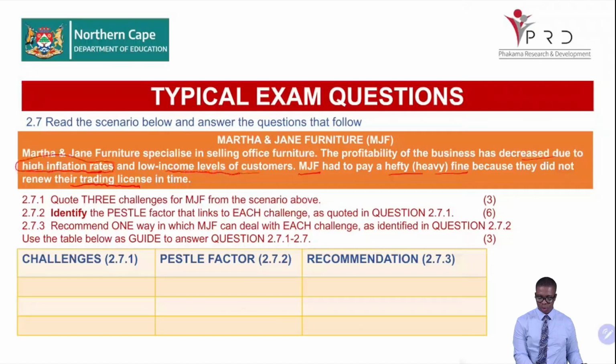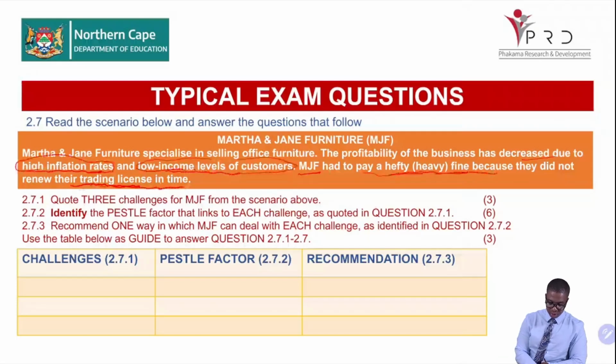Another one was due to low income levels of customers. Then another challenge was they had to pay a heavy fine because they did not renew their trading license on time. Then identify the PESTLE factors that link to each of the quoted challenges.